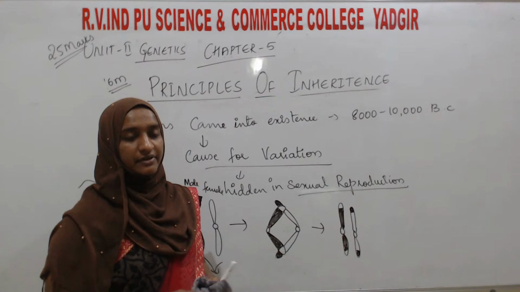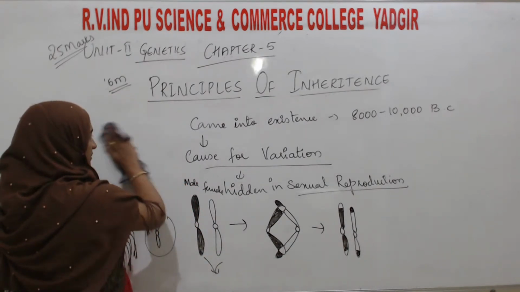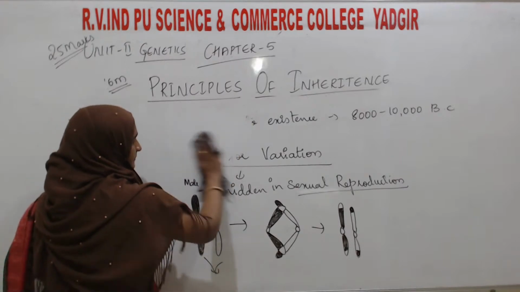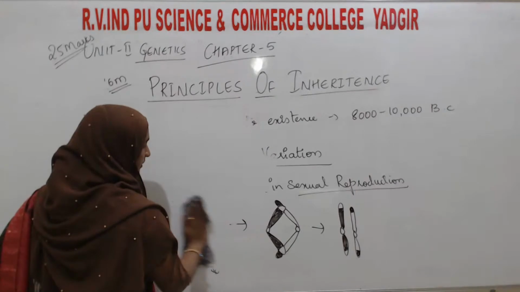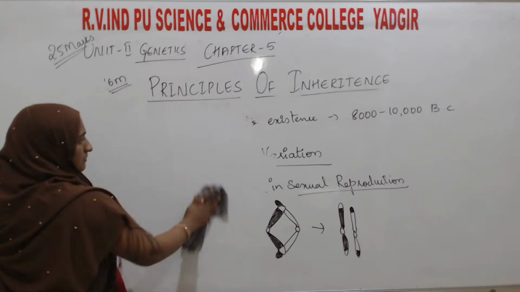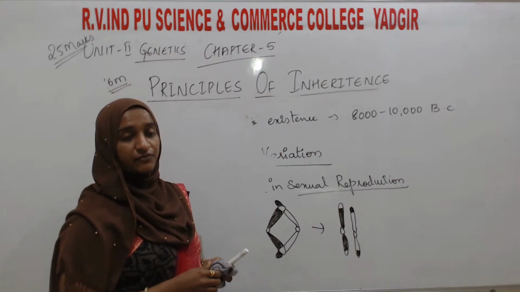One more example I will tell is about the Indian cattle. You are already familiar with those names. You had already studied them in Strategies for Enhancement in Food Production.